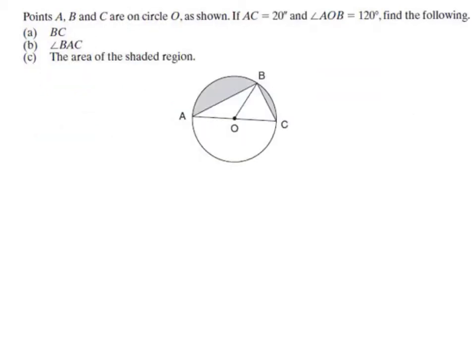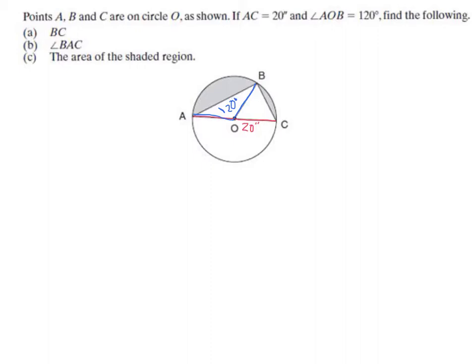So here's your last question, and there's a few things that you need to know on this one. Some things that'll help. I'll go ahead and put in the things that we know. We know that AC, which is this diameter here, is 20 inches. And we know that this angle is 120 degrees.